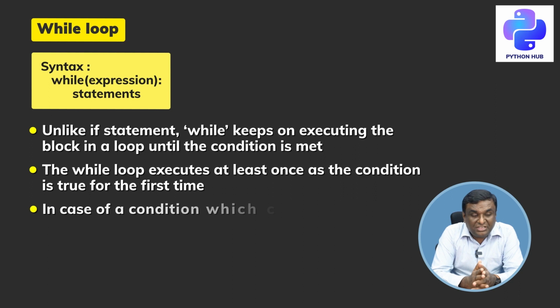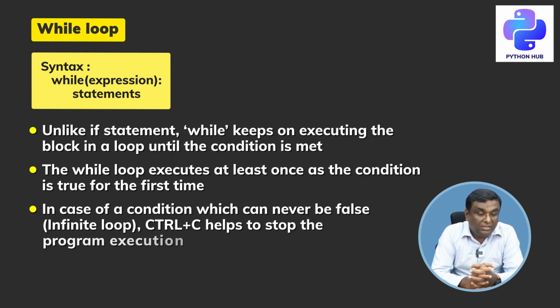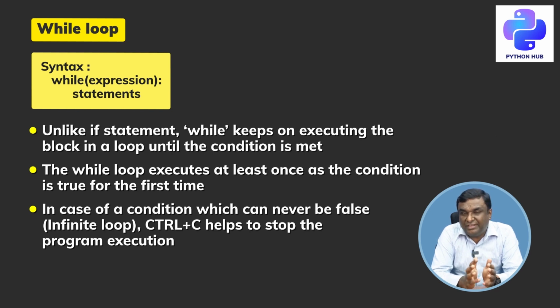In case of a condition which can never be false, that is like infinite loop, Control C helps to stop the program execution. You may not face this situation in a real programming world because generally you are aware of when to stop the execution and the conditions for the while statement is very clear. But somewhere if you're stuck, then you may use Control C.